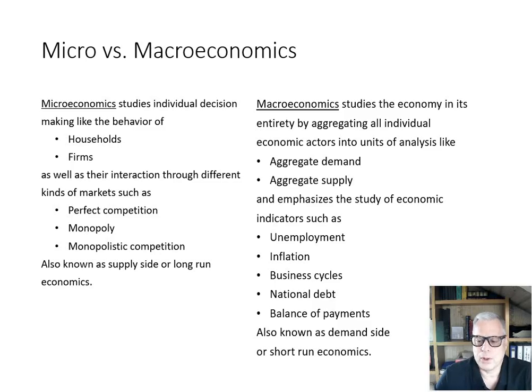And why is it called demand side economics? Because very often an economy will face a recession or a temporary downturn, and then one of the main findings of macroeconomists is that the government can step in in order to stabilize aggregate demand.